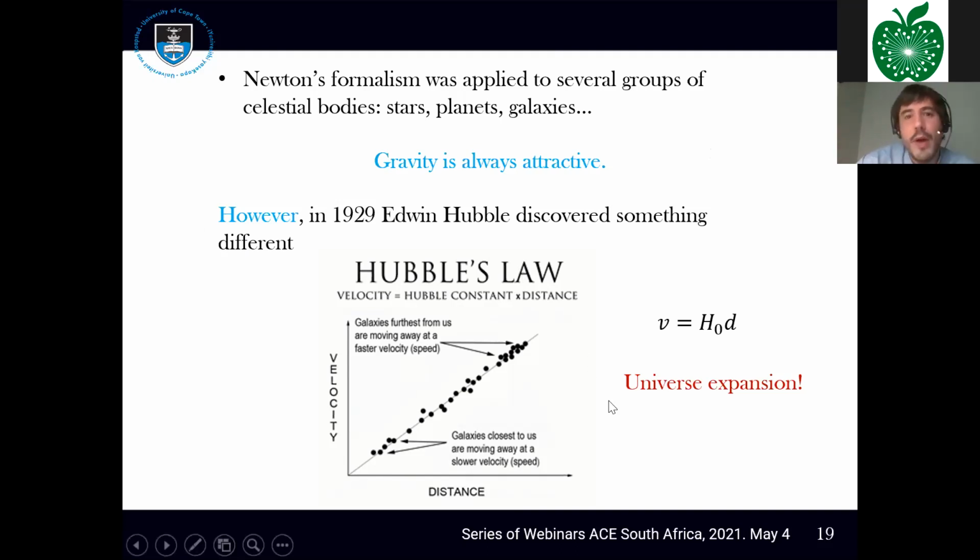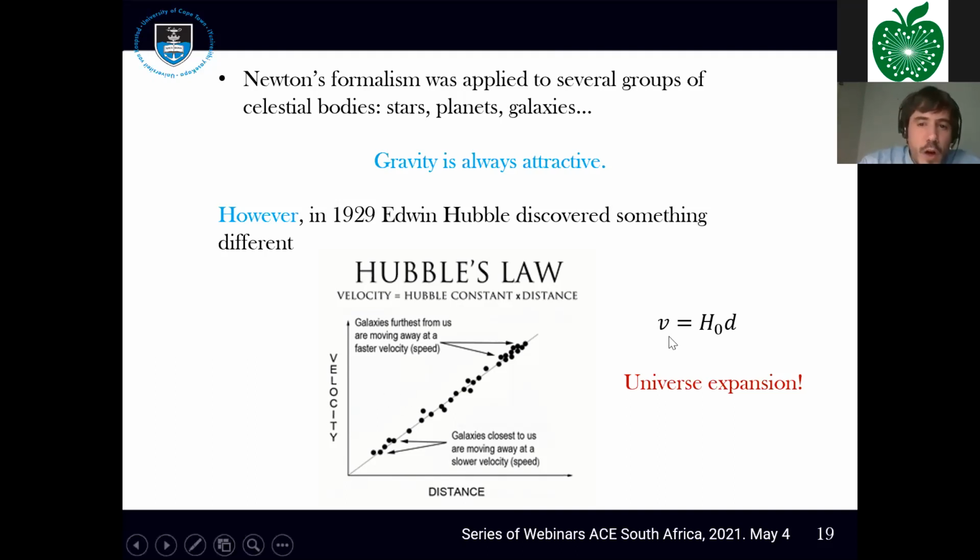He measured the velocities of different galaxies, and what he observed is that they were moving away from us. So how is that possible? If gravity is always attractive, how is it possible that those galaxies are moving away from us?